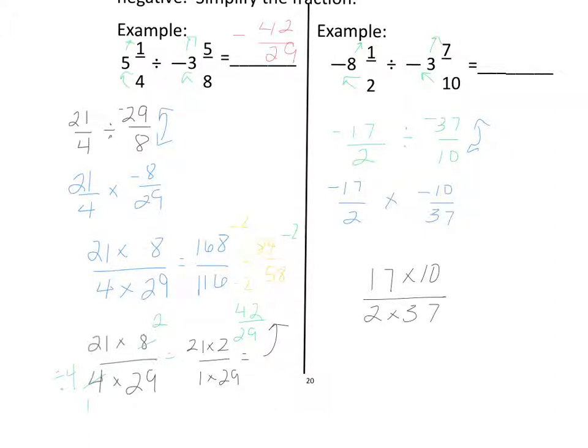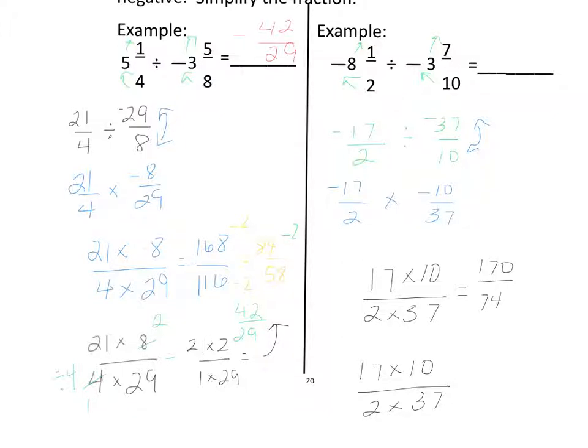It is your choice which way you want to simplify. As always, I will show you both, so that way hopefully one of them makes sense to you. We have 17 times 10, which is 170. 2 times 37, which is 74.